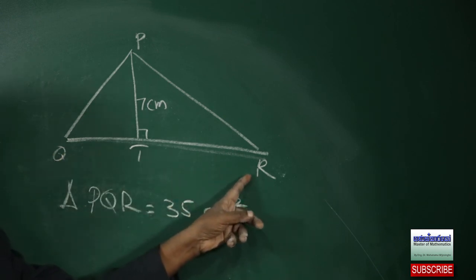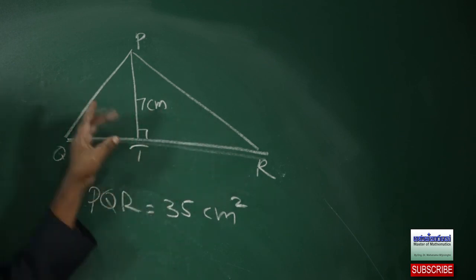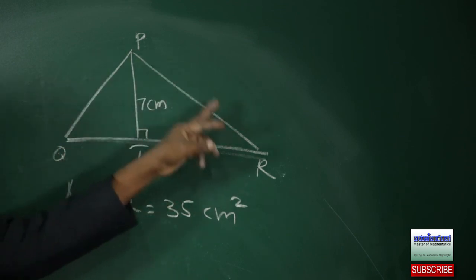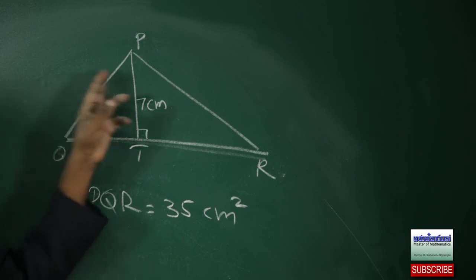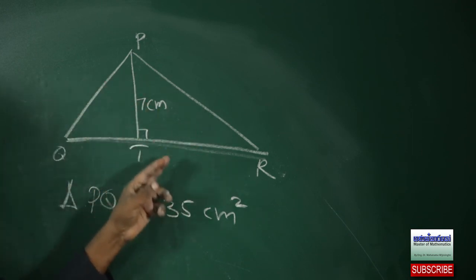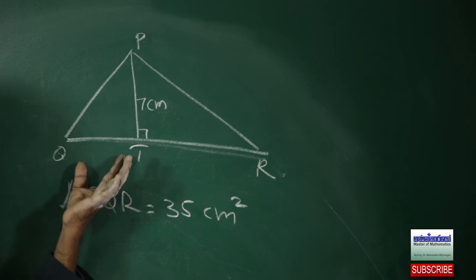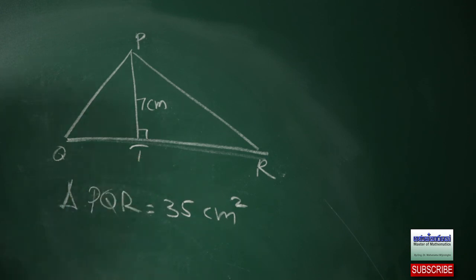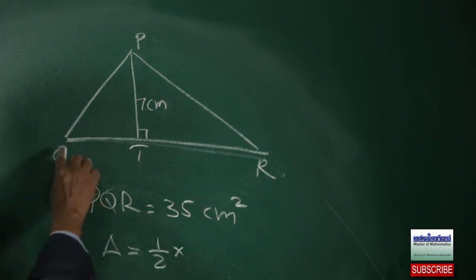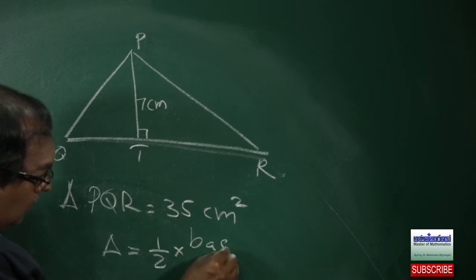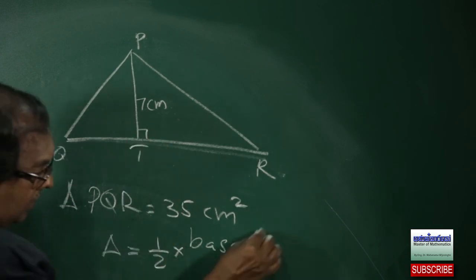The area is given, the height is given. What is the formula for getting the area of the triangle? Area of triangle equals half into base into height.